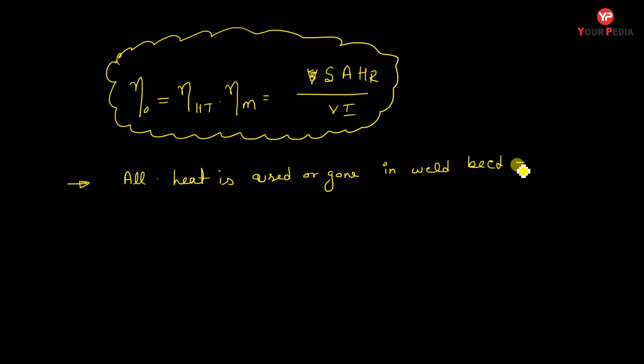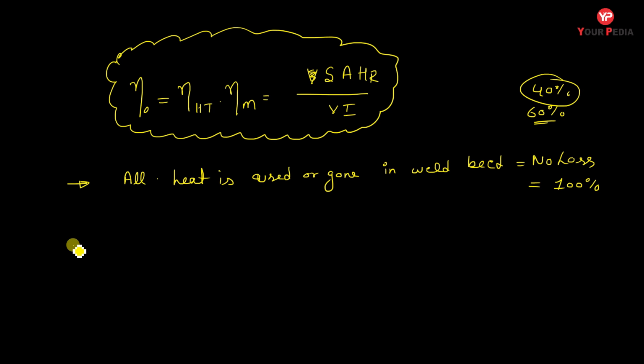That there is no loss of heat. If there is no loss of heat, then the efficiency is 100%. If efficiency is 60%, then the heat loss is 40%. So this is the basic meaning of efficiency of a welding process.